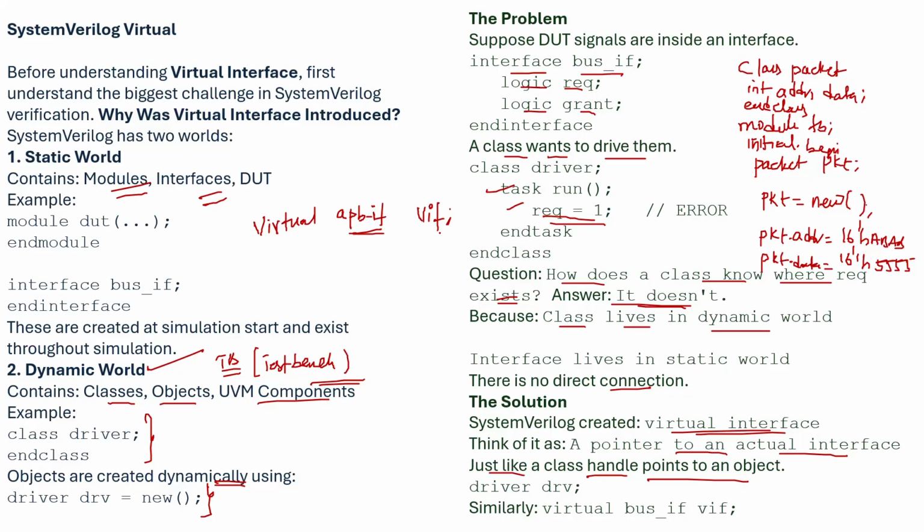Same thing, whatever the interface in the syntax, you are taking that interface, some app interface you are representing. Inside that, logic signals we are representing, like P address, P data. In this way, you are representing the signals. All the signals we are getting through this virtual interface handle.